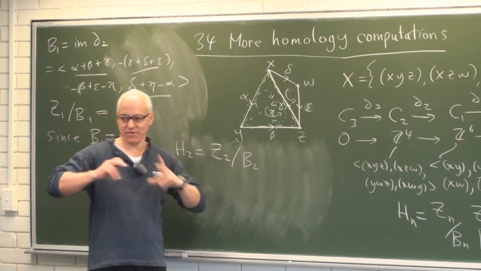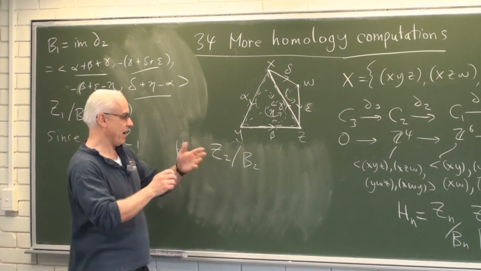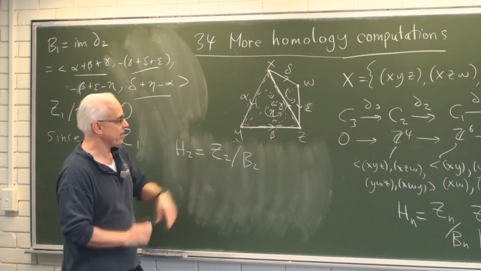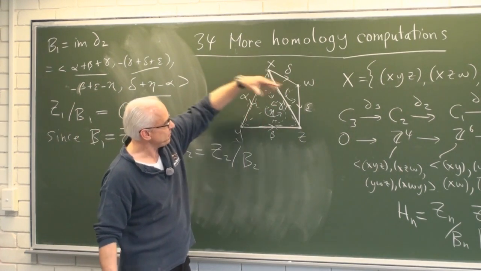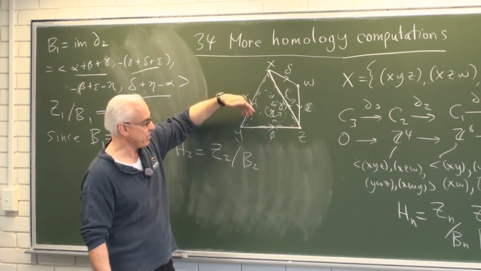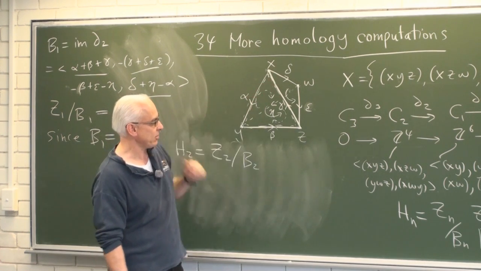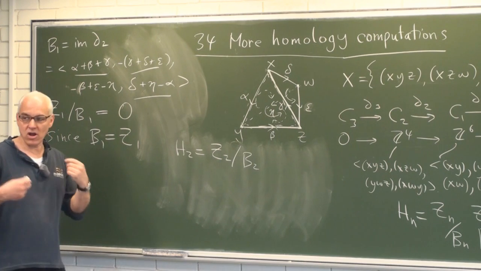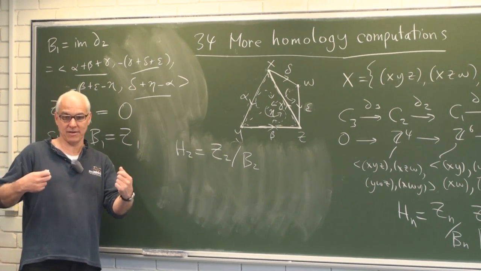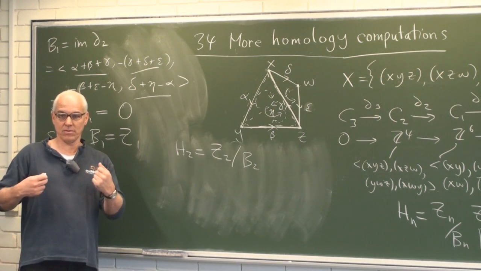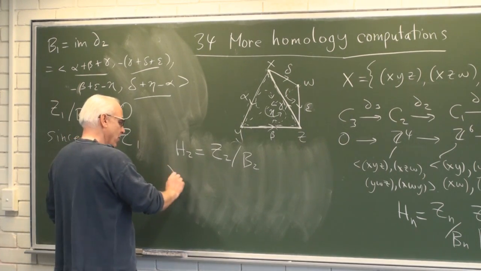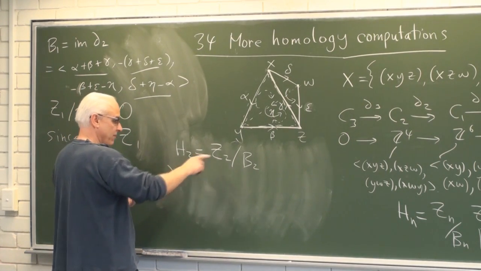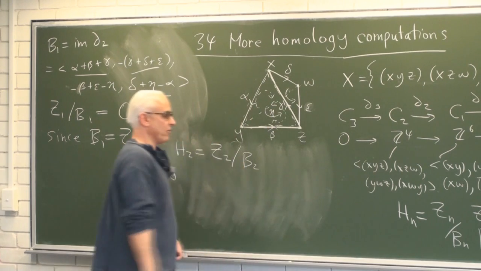Let me do that geometrically instead of algebraically, although I could also do it algebraically. So we have these four faces. I haven't given them names: x, y, z; x, z, w; y, w, z; and x, w, y. Let's ask what combination of those things will have boundary zero.